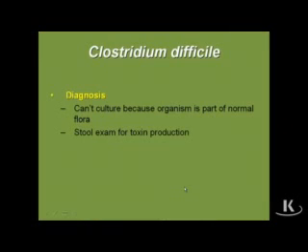So that's not going to tell you anything. So what's really important here is that you actually have to do a toxin assay. You have to look for the toxin in the stool. So you will look for the toxin, which is an indication of that pseudomembranous colitis. Again, you're not going to culture the organism because you will find it. It's part of the normal flora.